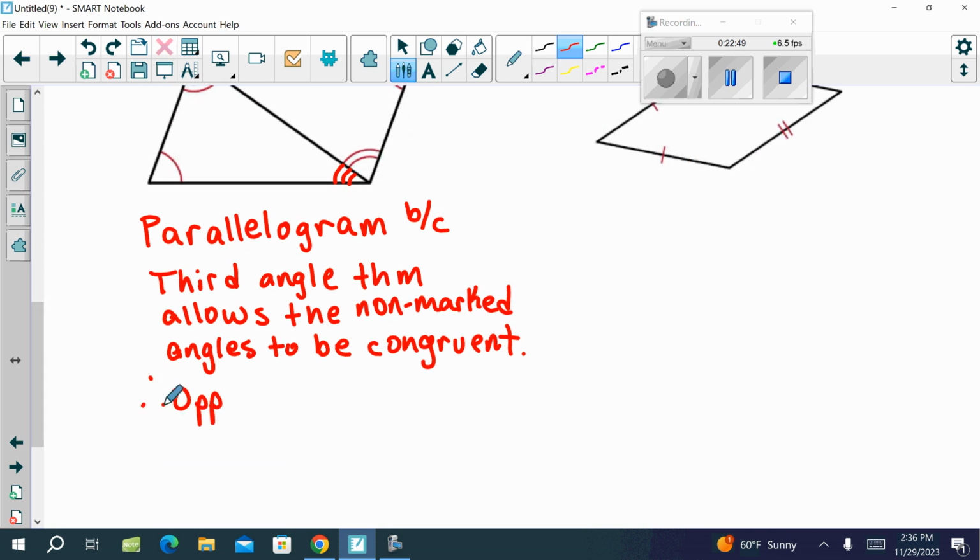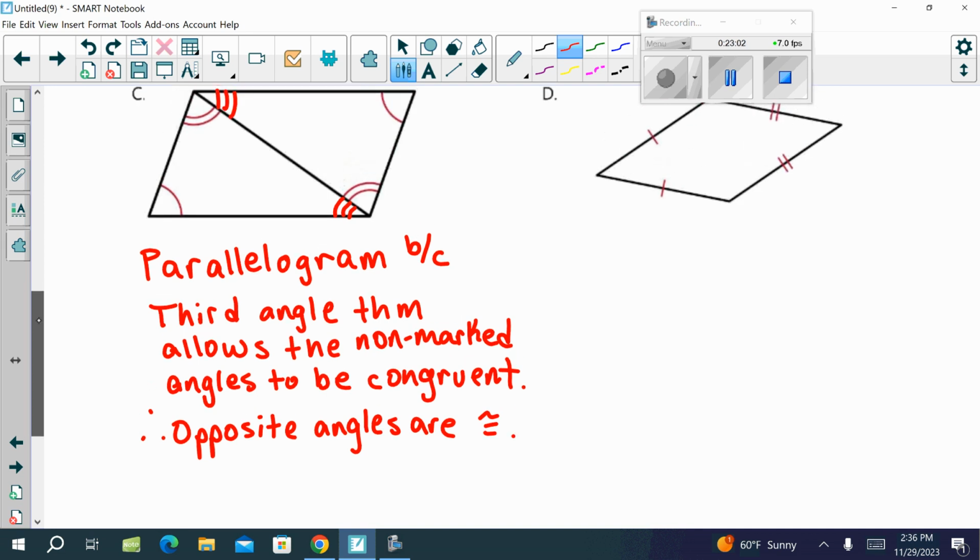So therefore, opposite angles are congruent. Okay, so we have to state that third angle theorem first, because without that missing angle piece, we would not be able to say that it was a parallelogram.